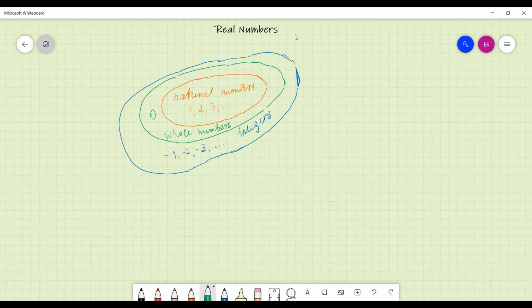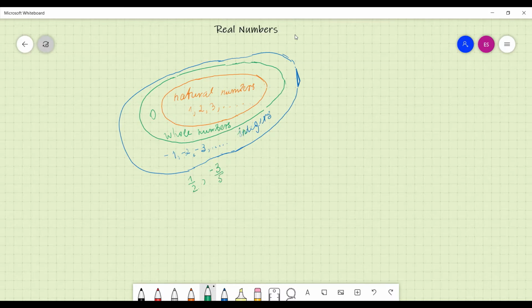Integers are all negative numbers, 0, and all positive numbers, which we use for counting, right? What other numbers can we combine out of what we have already? Well, we can take a natural or integer number and divide it by another integer number and get a fraction, something like 1/2, or maybe -3/5.